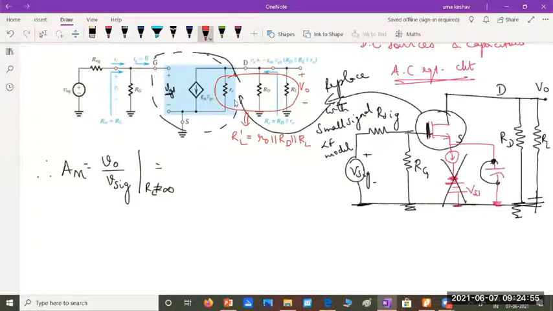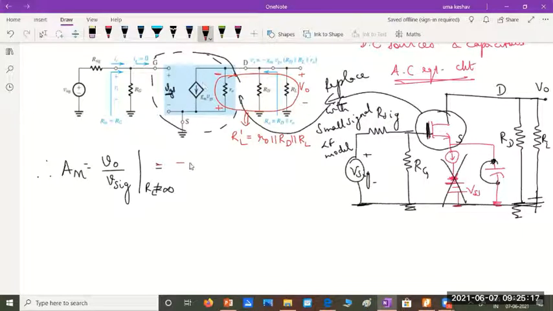So all these three resistors could be replaced with a single resistor RL dash, and the current flows through this resistor, creating a voltage drop in this direction, lower end negative, upper end positive. But we are measuring V0 in the opposite direction. So what would be the value of V0?